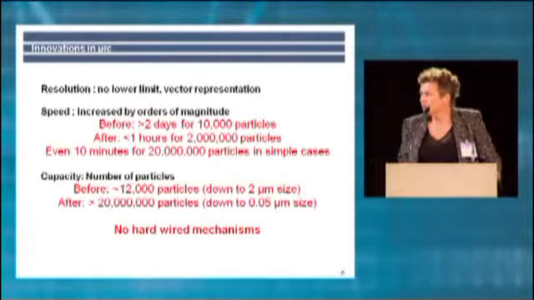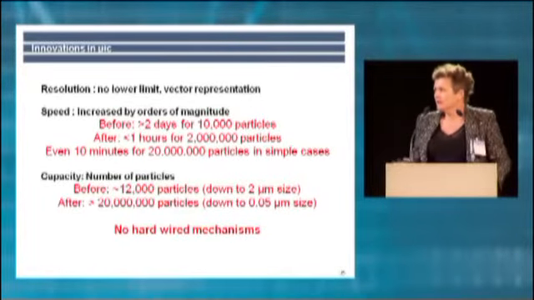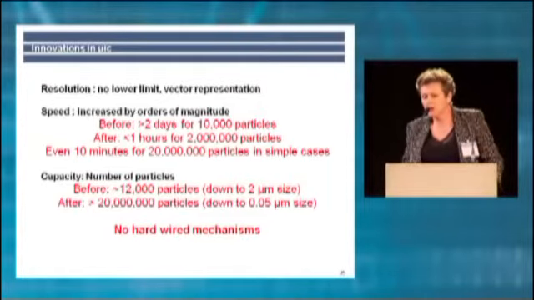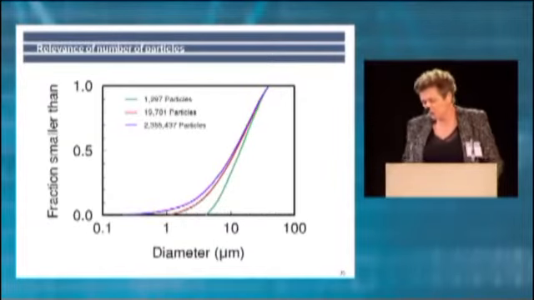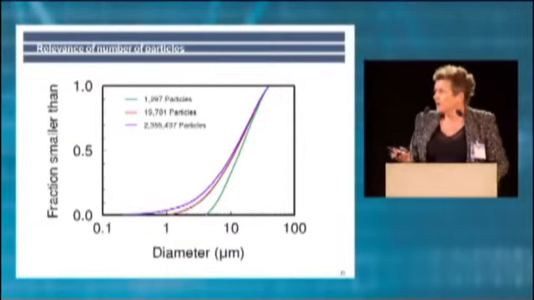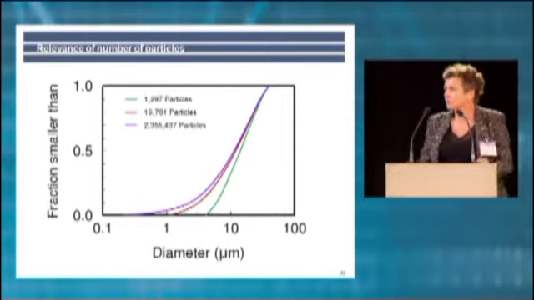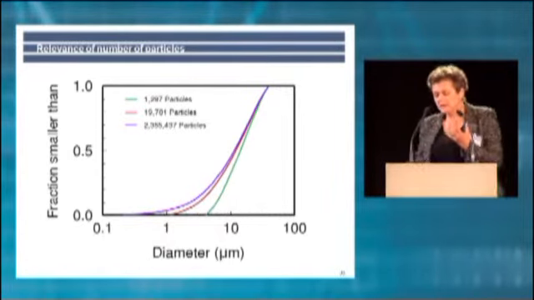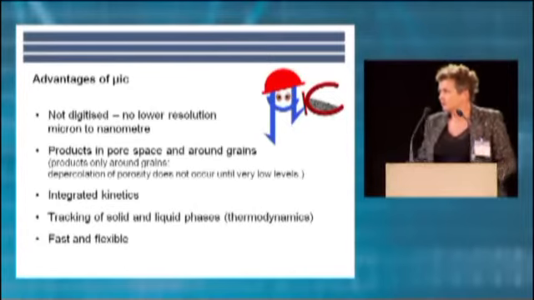And now, with the advances in computation, we have it down so that we can even model systems of around 2 million particles in 10 minutes, which is really starting to be realistic for what we want to do. Just to give you an example, this is a particle size distribution of a typical cement, and you see to capture the range of particles, you've got well over 2 million particles in a size of about 100 microns.